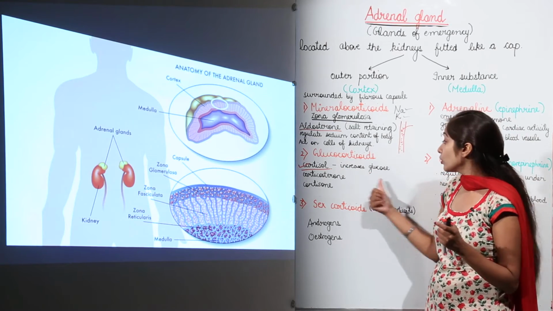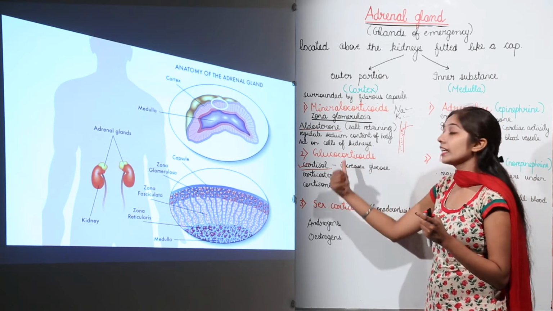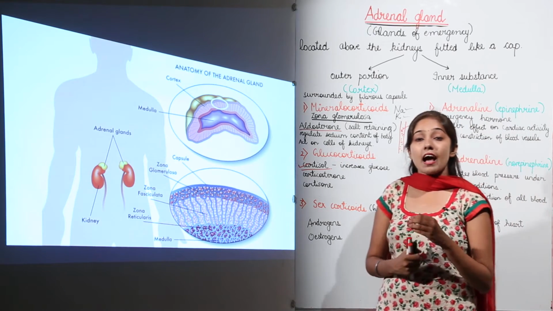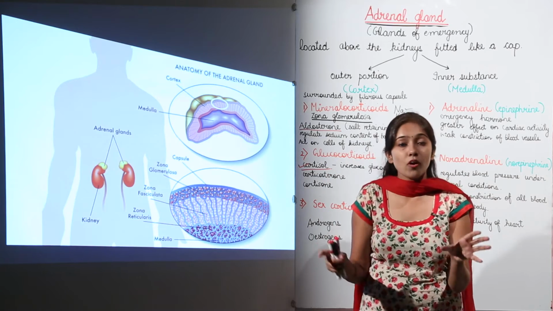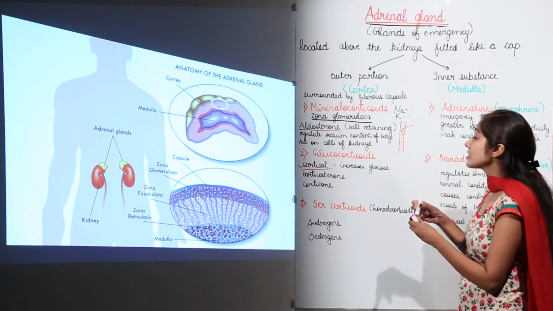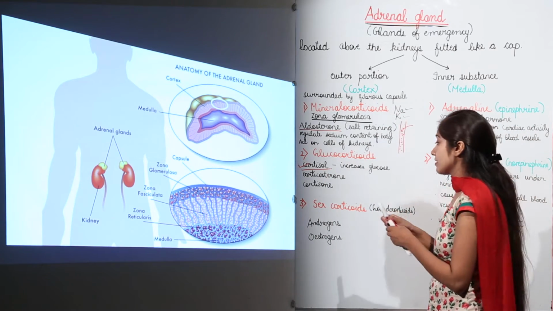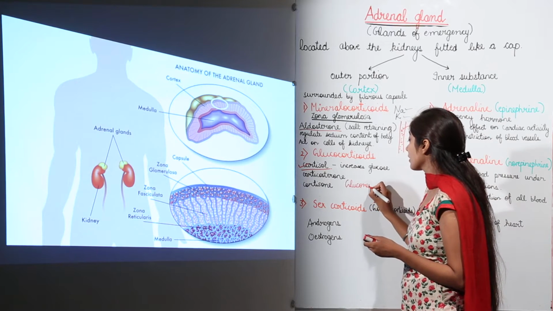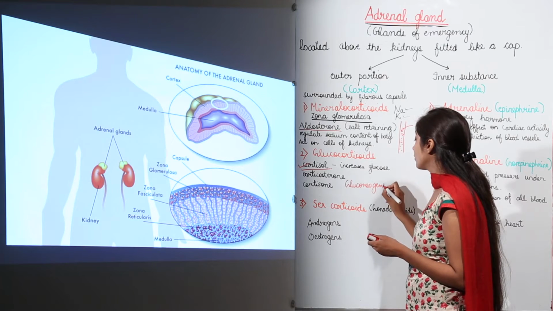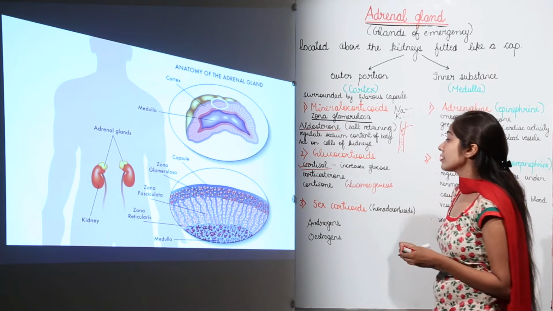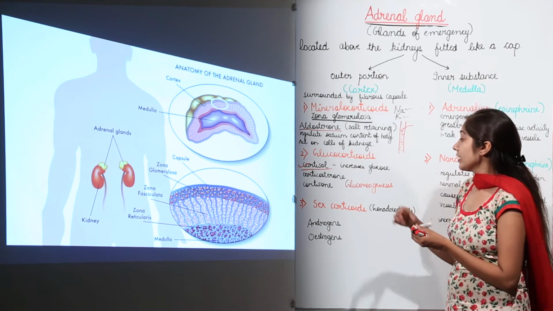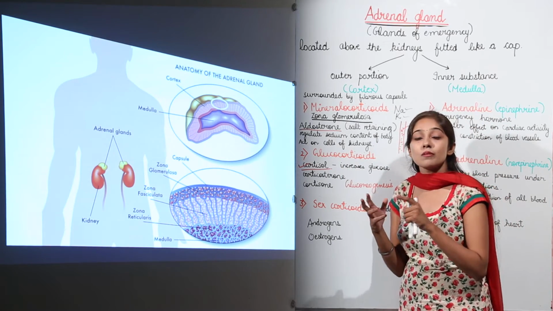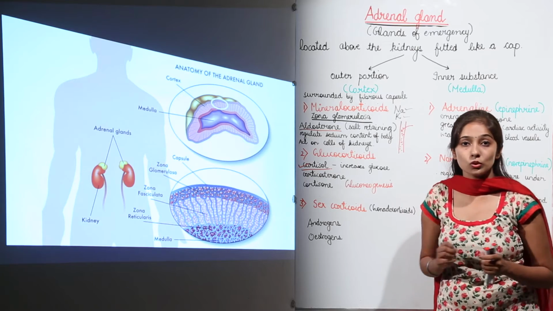form glucose, and they are going to increase the glucose content in your blood, and this process by which we can have glucose from non-carbohydrate sources is known as gluconeogenesis, meaning the increase in the glucose content by the metabolism of non-carbohydrate sources.